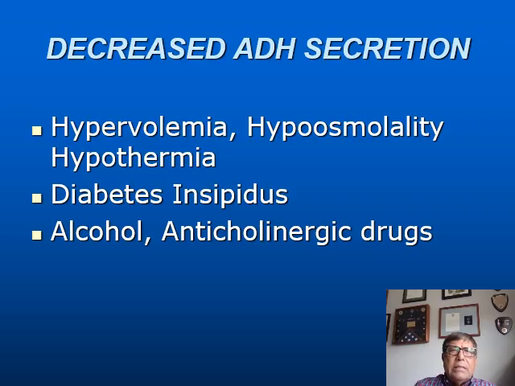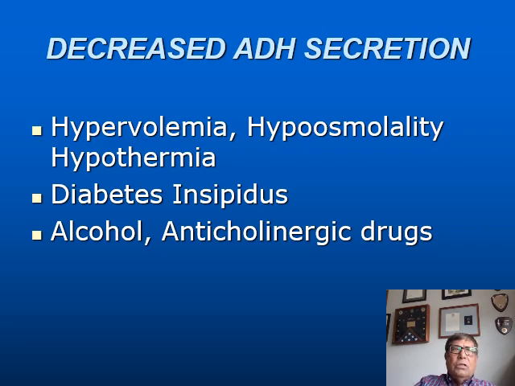As the previous diagram showed, increased secretion of ADH happens in certain situations. Therefore, decreased secretion of ADH will also happen in the reverse situations, such as hypervolemia, hypoosmolarity, and hypothermia.